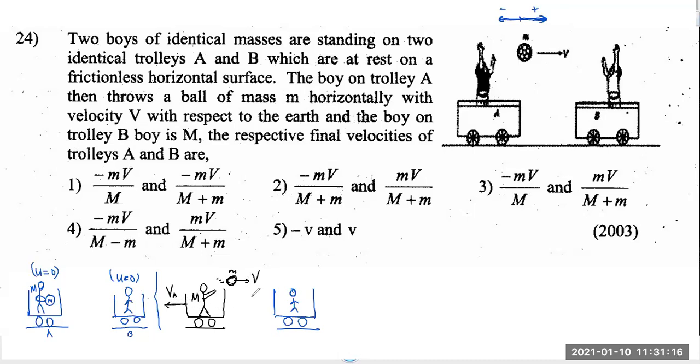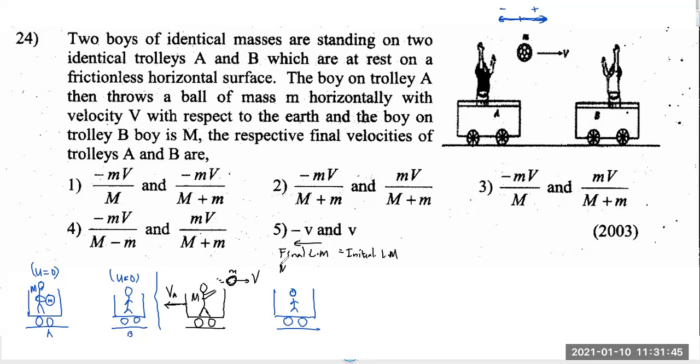For that situation, if you apply the equation, final linear momentum towards the right equals initial linear momentum. Since they're asking for the velocity of the boy with the trolley, let's take it in that direction. So what is the final linear momentum in that direction?